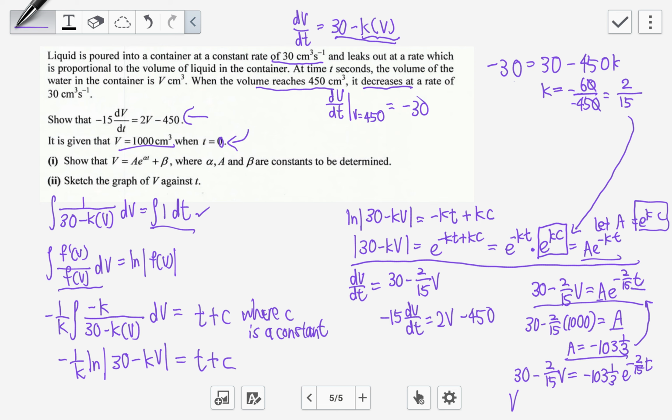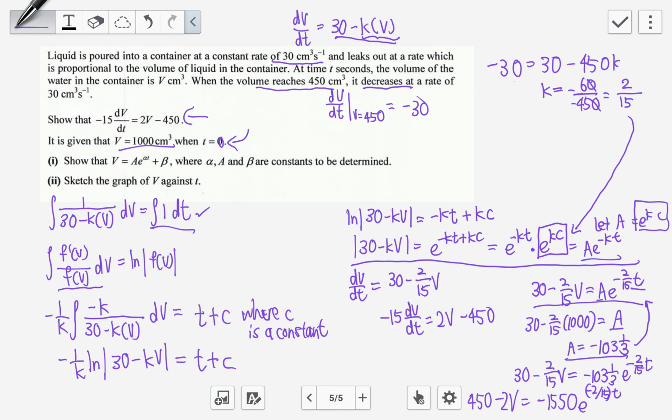This simplifies to 30 times 15, which is 450, minus 2v equals minus 103 and 1/3, multiplied by 15, minus 1550 e to the minus 2 over 15 t.